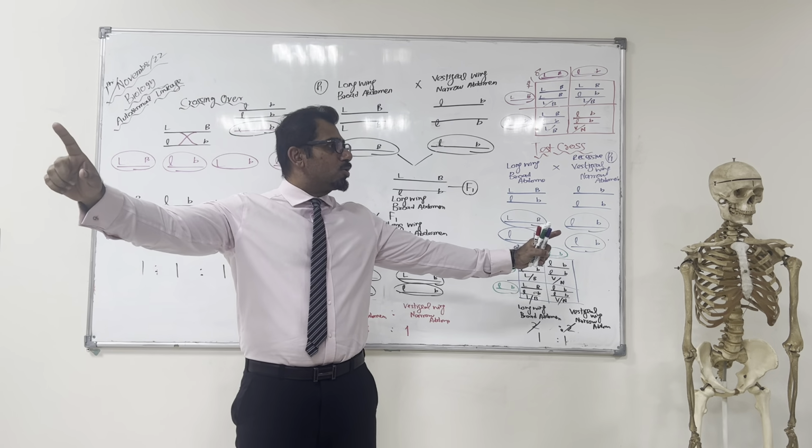When I drew the diagram of a chromosome today, I said A, B, C, D, E, F, G, H, I, J. Now A and J are far apart from each other, so during crossing over they can assort independently. So remember one thing: independent assortment only takes place if the genes are far apart on the chromosome, or the genes are present on separate chromosomes.